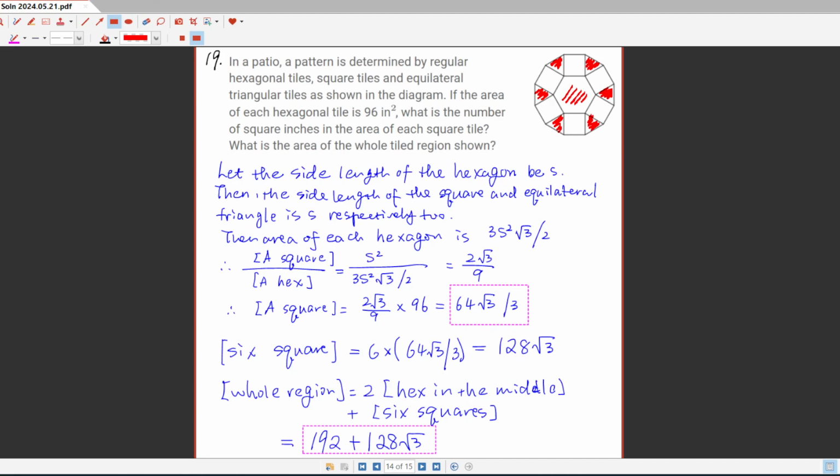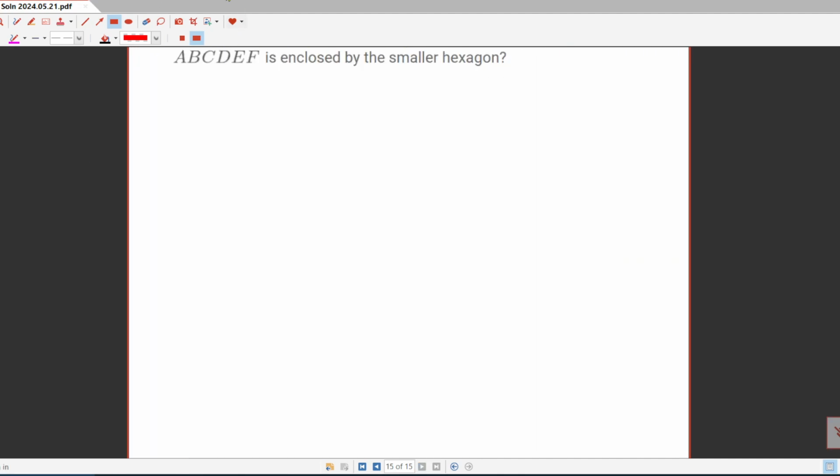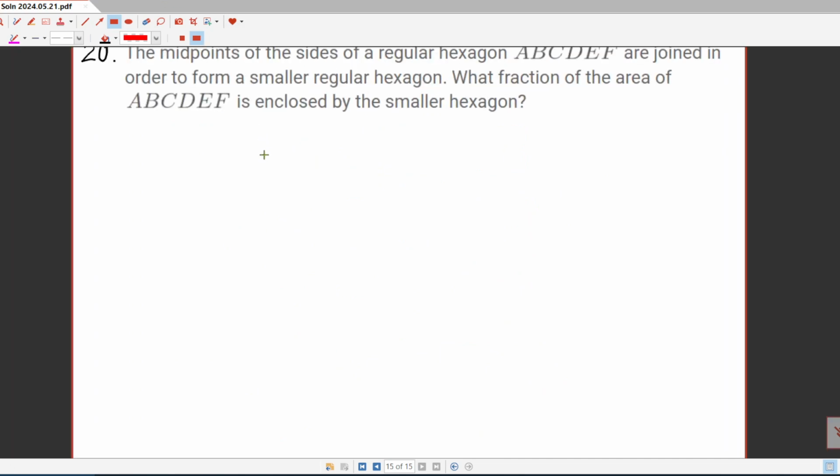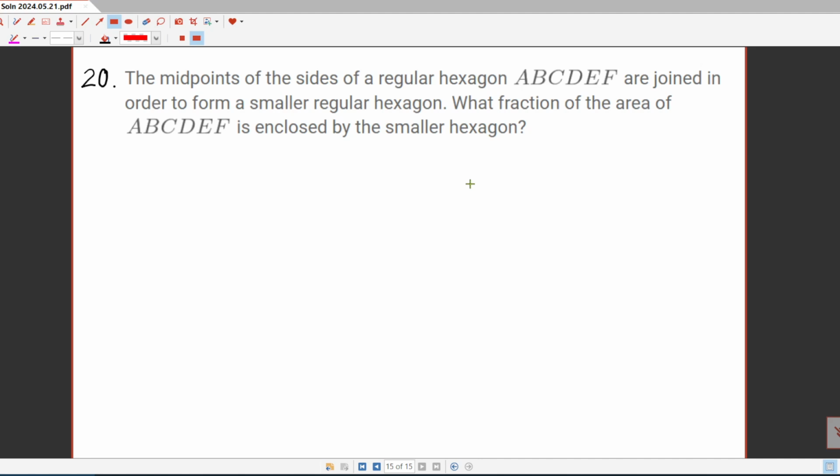All right, if no questions, let's have a look at the last one. Question number 20. Okay, first of all, let's draw a diagram to illustrate the situation here.